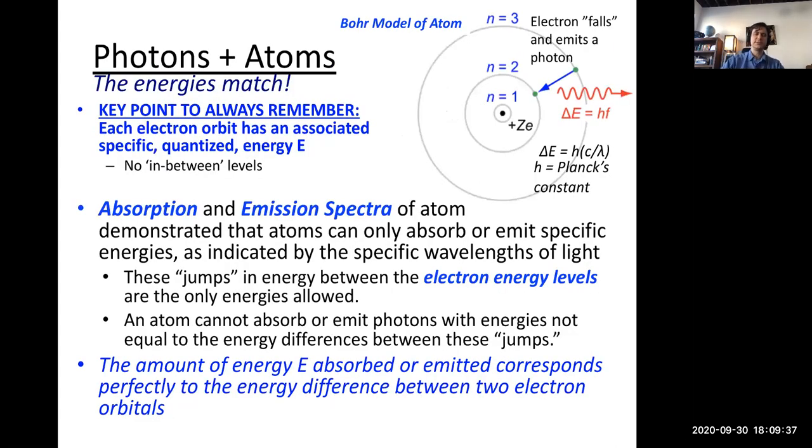Okay, so we've already done pretty much the entire point of this video, but it's such a crucial and nuanced thing to understand that I want to make sure that we really get this. So when we look at absorption and emission spectra of an atom, we can understand what's going on. We're looking at the absorption.